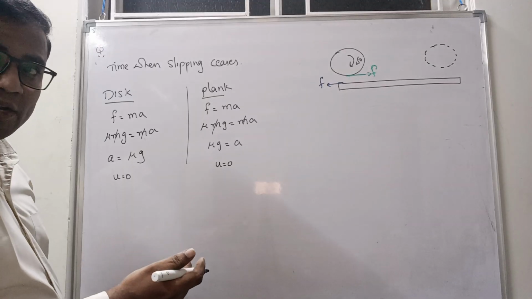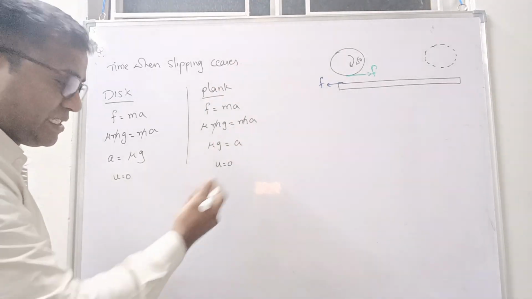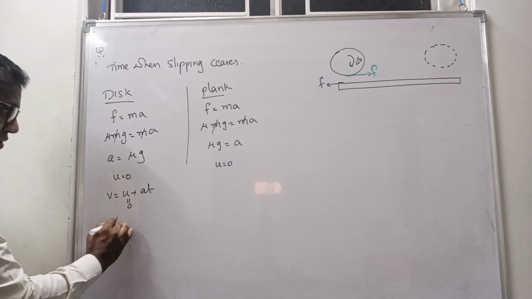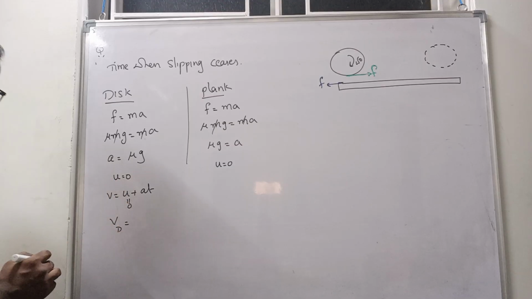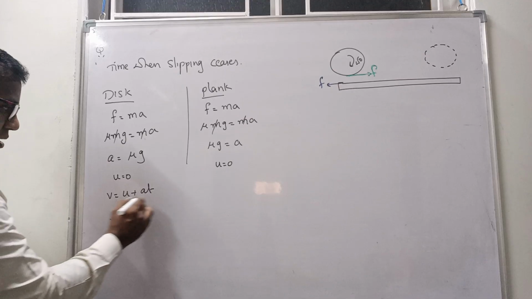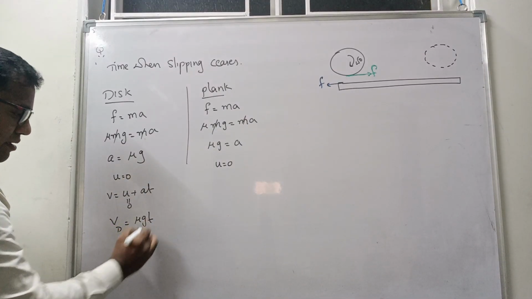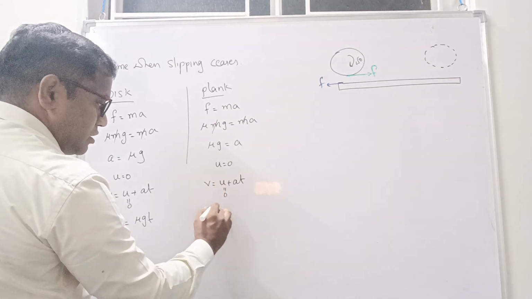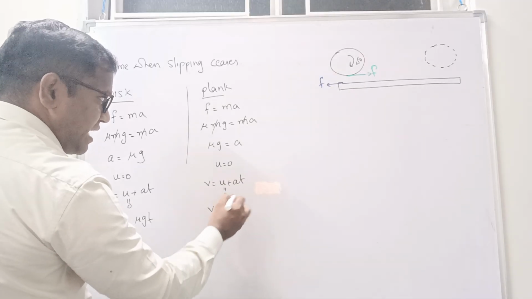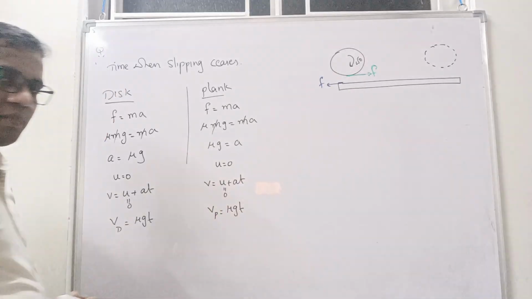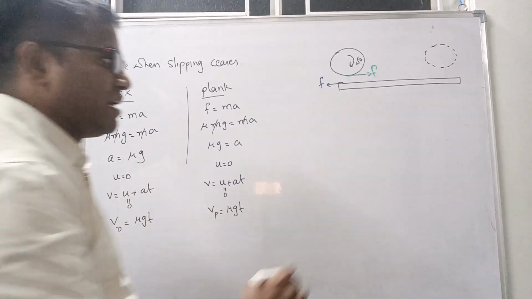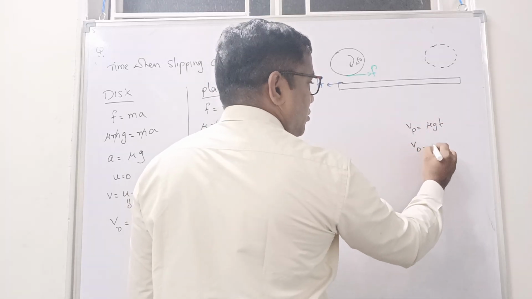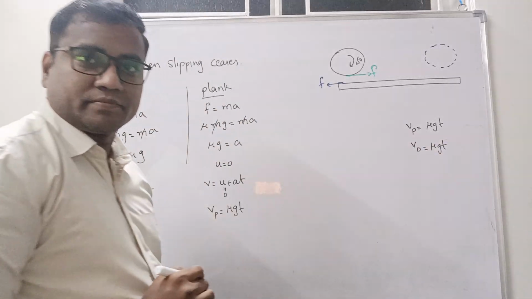We'll try to find the velocity at slipping ceases. v is equal to u plus at, and u is equal to 0, so the velocity of the disc Vd is mu g t. In the similar manner, the velocity of the plank is also mu g t. These two are important points. Clear?